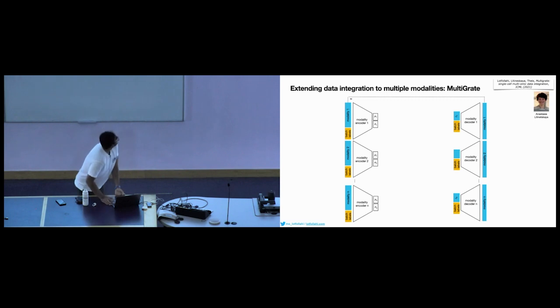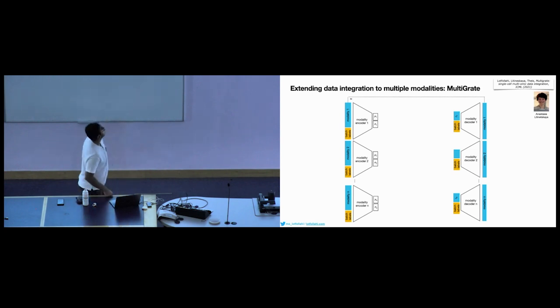Cool. Whatever I showed here was mostly based on single-cell RNA-seq, but I just want to show that all of these methods are extendable to multiple modalities.